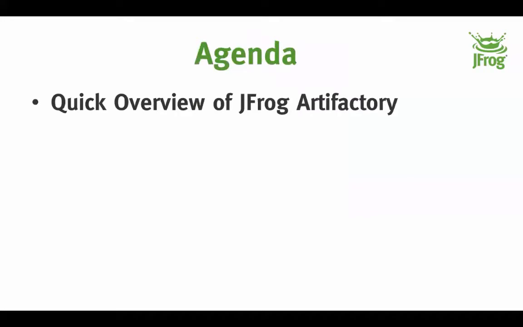The agenda today would be, we will do a quick overview of Artifactory. Just a quick recap. I won't go much deeper into the basics today because we do have a dedicated webinar for the basics of Artifactory. So we'll skip that part today and just go over a quick recap of what Artifactory is and what it's capable of. And then we will discuss what are the challenges that you might expect while you are scaling.